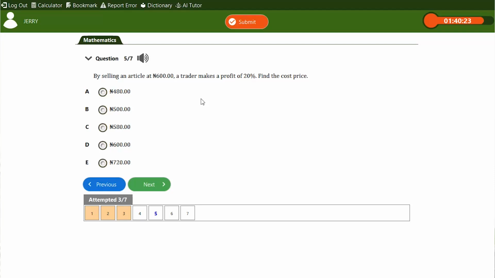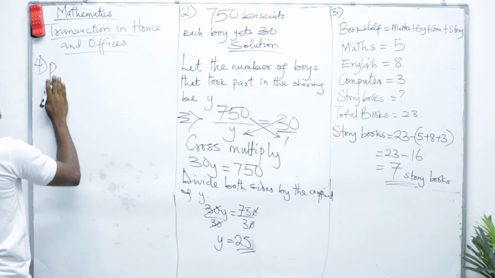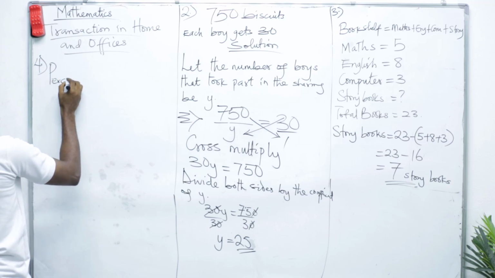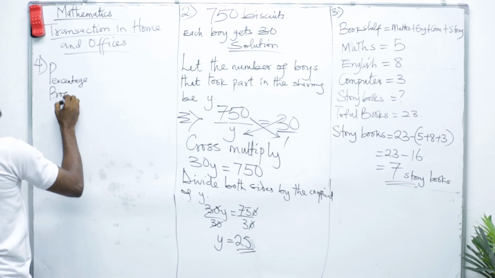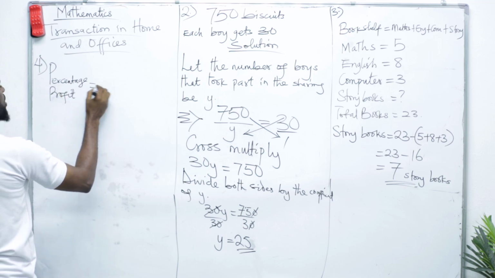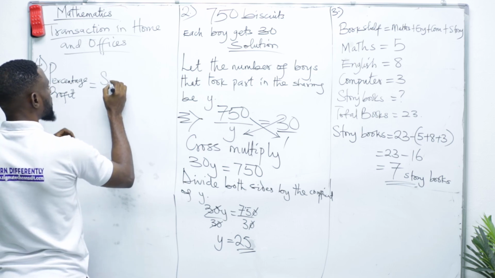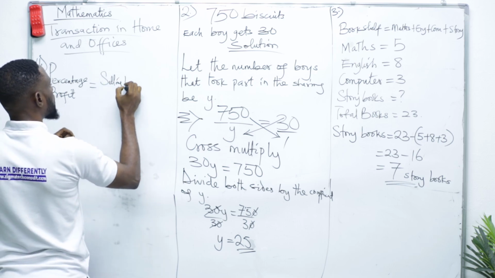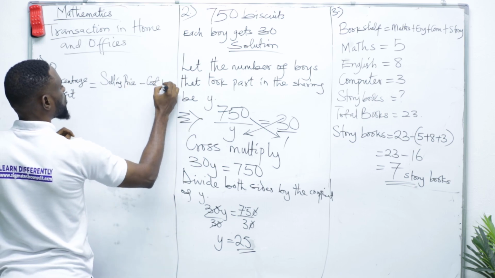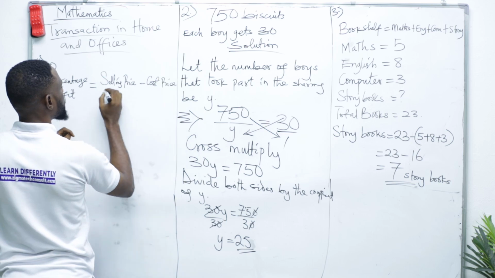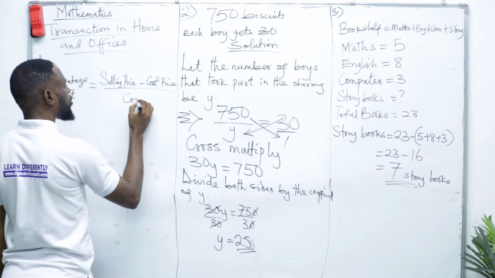So percentage profit, we have the formula: percentage profit is equal to selling price minus cost price, divided by the cost price.